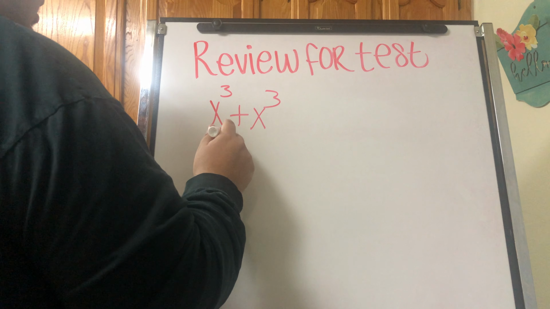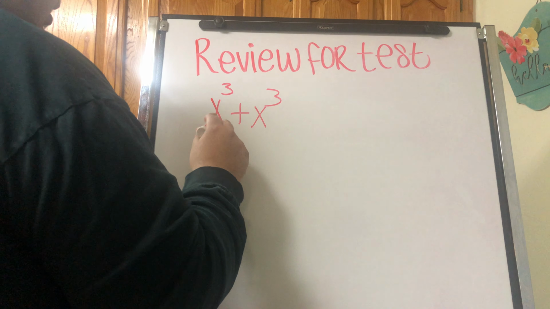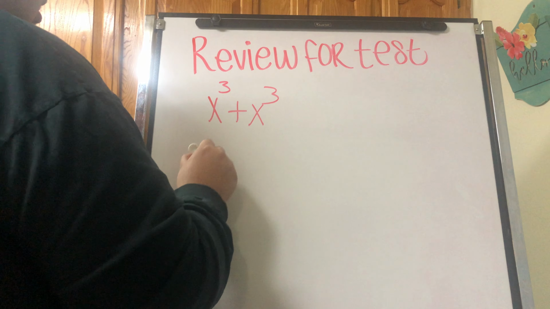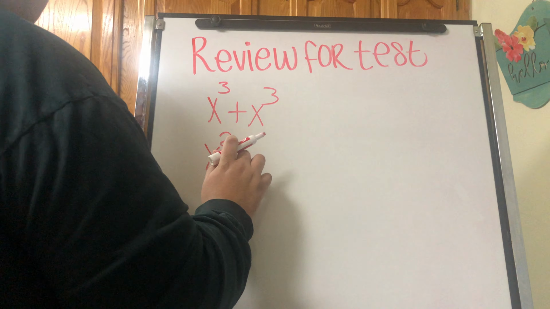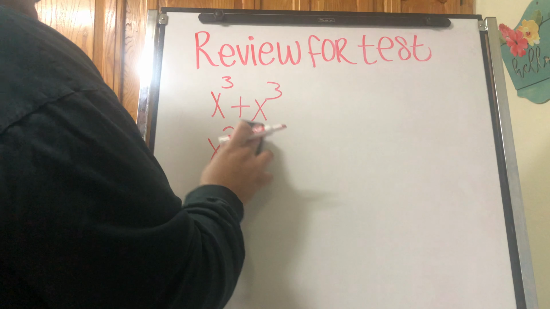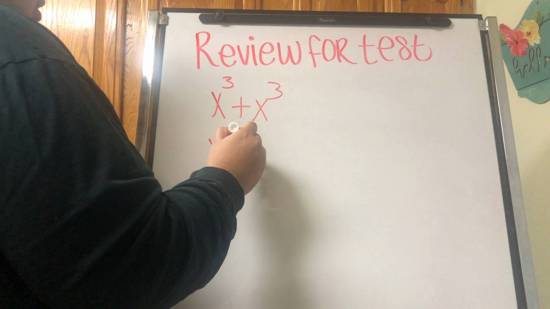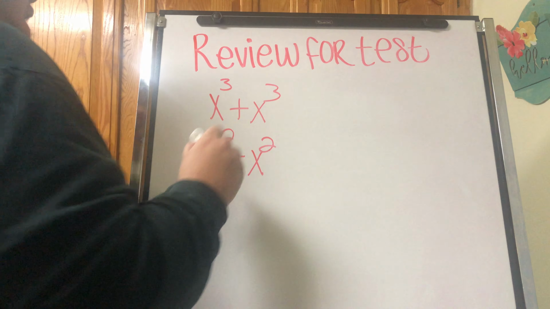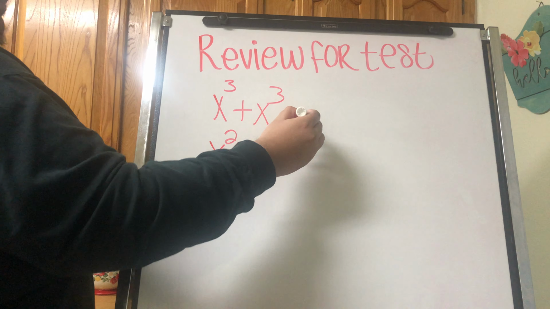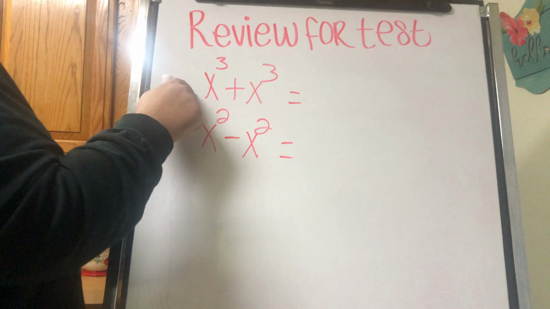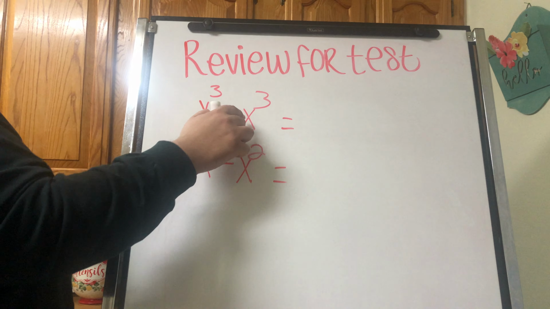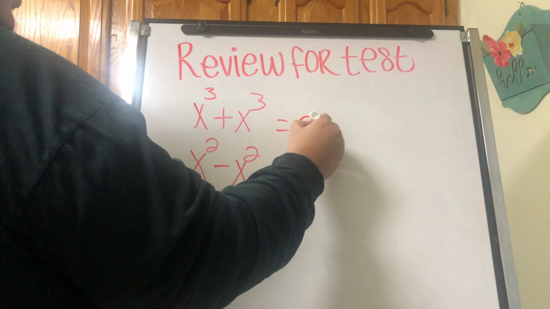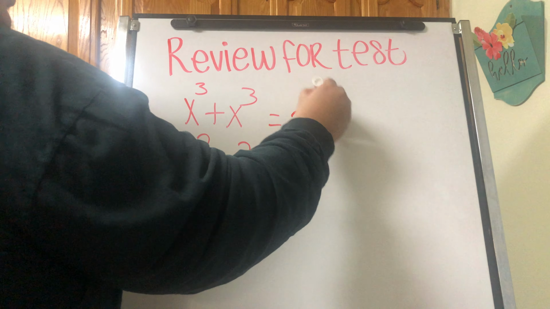And let's say, the subtracting is straightforward, but let's say x squared, not plus, let's say subtracting x squared. Now, on the top one, once again, there's no coefficient there, but you always assume it's 1. So 1 plus 1, that is 2. So 2x to the power 3.